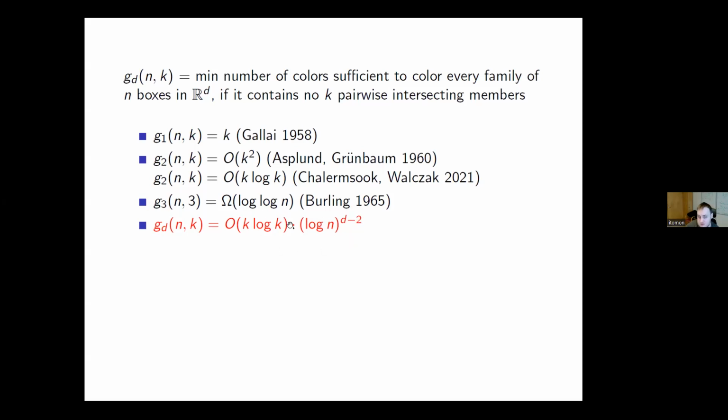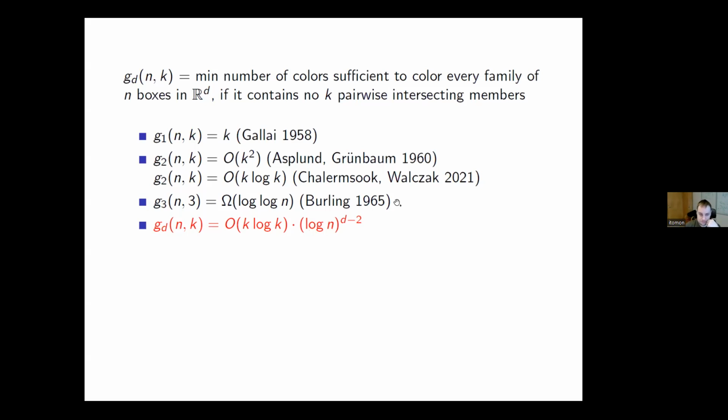Where does this bound come from? The k log k bound comes from the 2-dimensional case. Then you can use very similar divide and conquer arguments I showed you before to show that any time you add a new dimension, you might get an extra log n factor. So instead of log k, you are unfortunately gaining a log n factor. This is the best known bound.